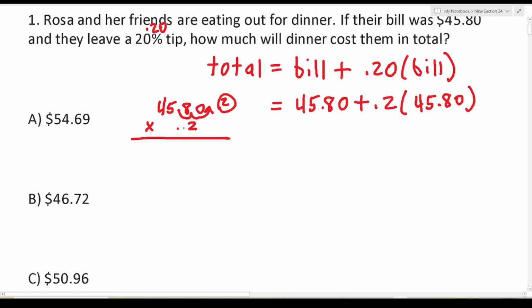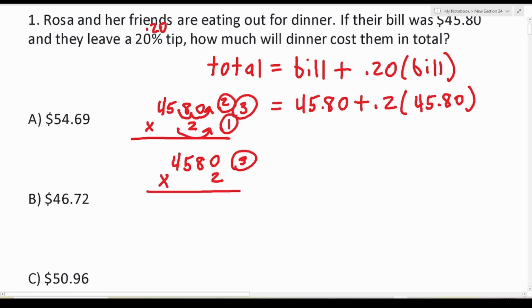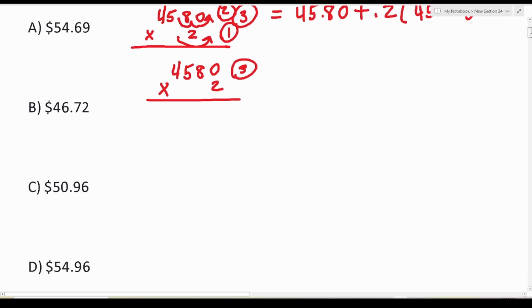And likewise, I'm going to take this decimal in 0.2 and shift it 1 time to the right as well. So in total, I moved the decimal places in both numbers 3 times. So in reality, I'm working this out, 45.80 with no decimal times 2 with no decimal. And once I work this out, I'm going to take those 3 decimal places that I shifted to the right and shift them back to the left. So let's go ahead and do that.